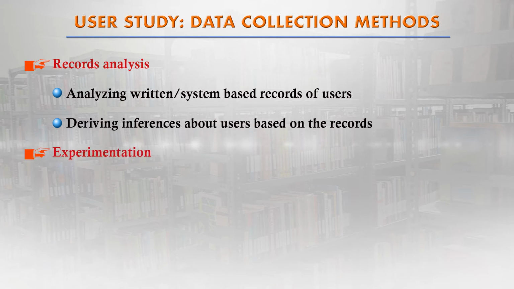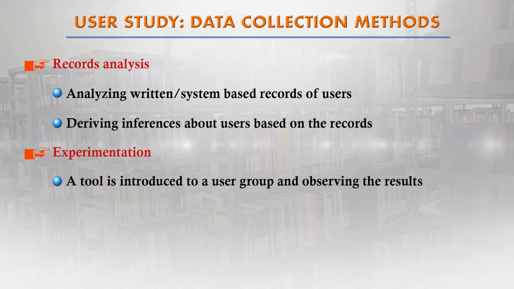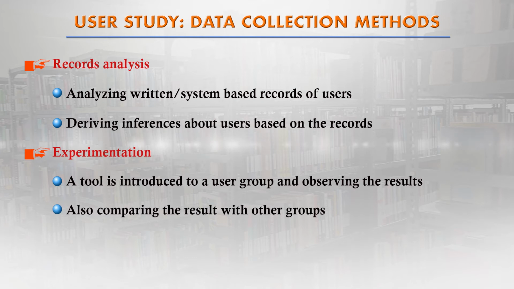Experimentation is not done much in the library, but if at all it needs to be done, you introduce a tool and evaluate that tool with one group, to see how they are using it and what benefits they are getting, and don't use that tool with another group and measure how effective their information searches were. This is how you can get experimental results as well.